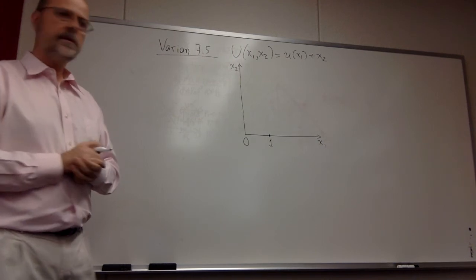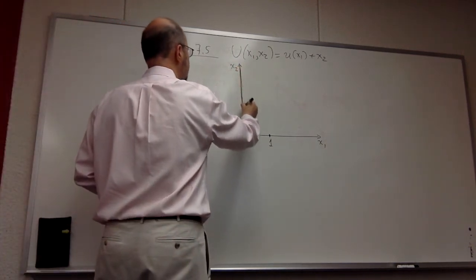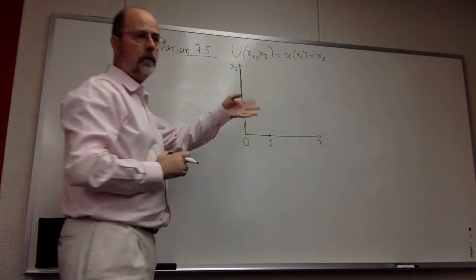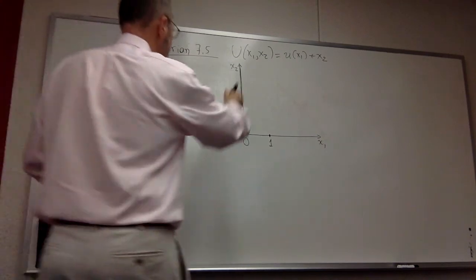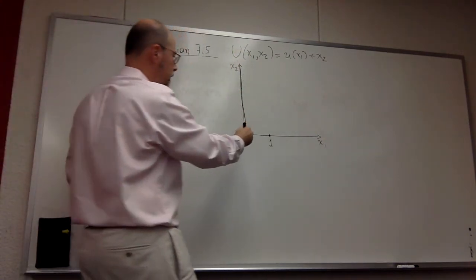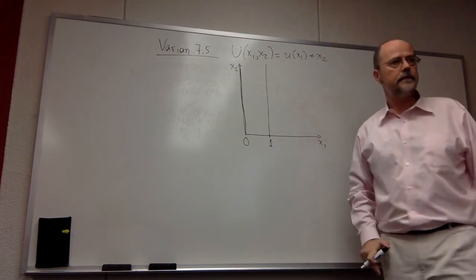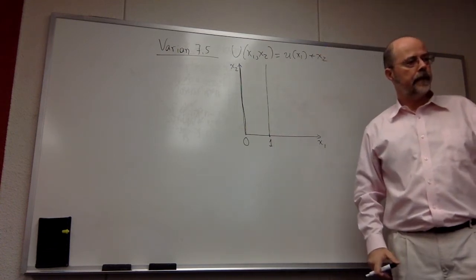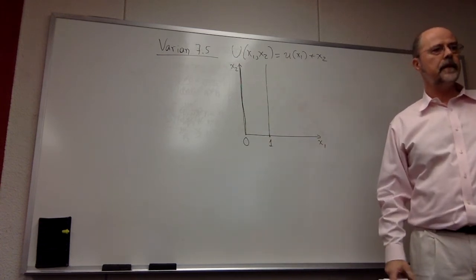So the consumption set is this half line. We also are not going to accept any negative amount for x2, right? So it's this half line union with this half line. And you are forced to ignore any other points. They're not feasible.